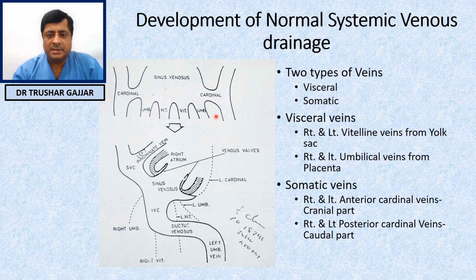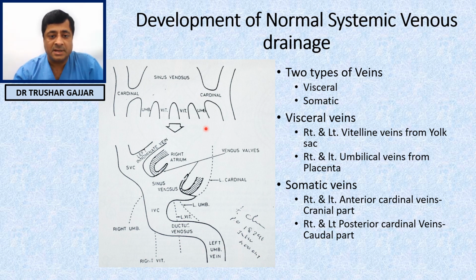So let us see the normal systemic venous development. Now there are two types of veins. One is visceral vein, which drains viscera, and somatic veins, which drains the body wall. The visceral veins are right and left vitelline veins, which drains from yolk sac, and the right and left umbilical vein, which drains from placenta.